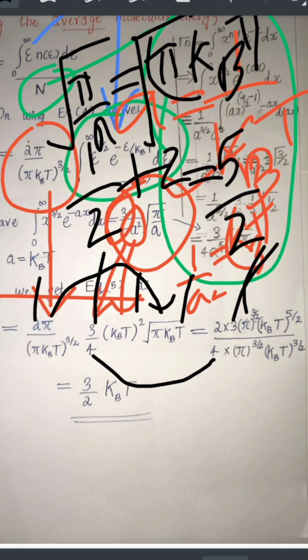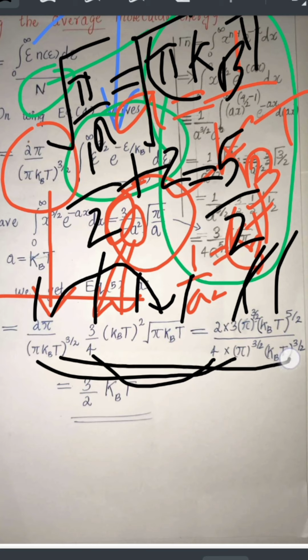So you get kBT to the power 5 over 2 here, and also this pi to the power 3 by 2, and also this kBT to the power 3 by 2.